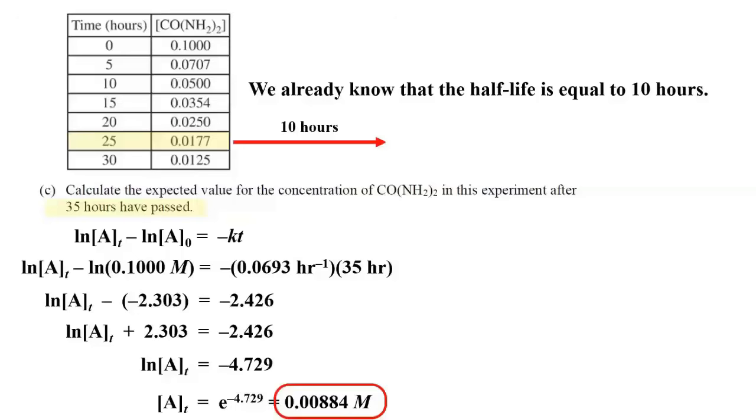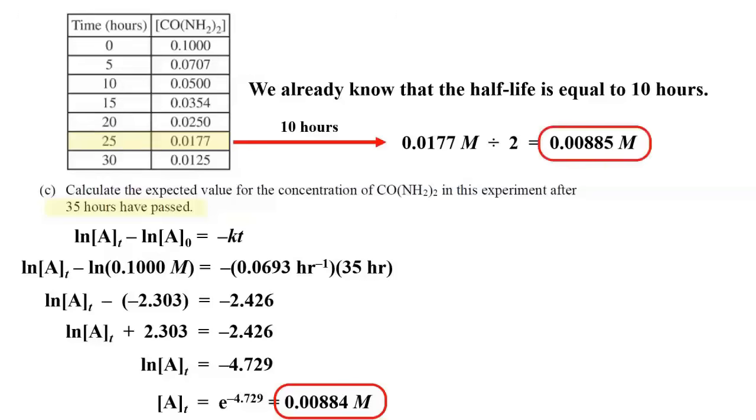So after 10 hours, you would have the concentration of the reactant at 35 hours. Going from 25 to 35 is 10 hours. So what exactly is half of 0.0177? That would be my answer. Half of 0.0177 is 0.00885.